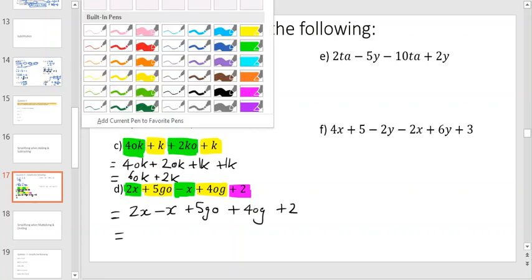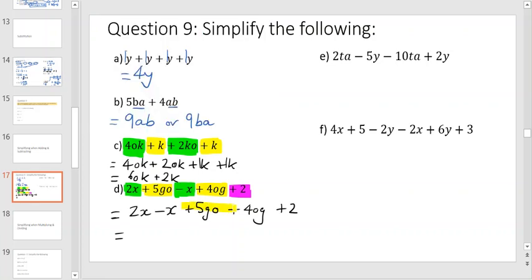If it helps, you can still highlight the like terms. So we can see how the GOs are together and the x's are together. And they're in green. And we know that's still a +5. So sometimes it helps to keep highlighting until you get your final answer. And that +2 is on its own.